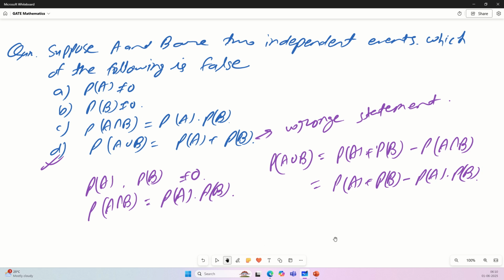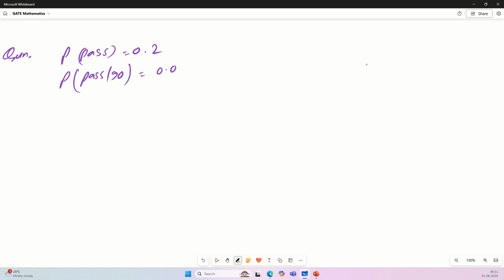Let's take another question. The question is, probability of passing the exam, probability of pass, is 0.2, and probability of pass given 90 or above is 0.05.